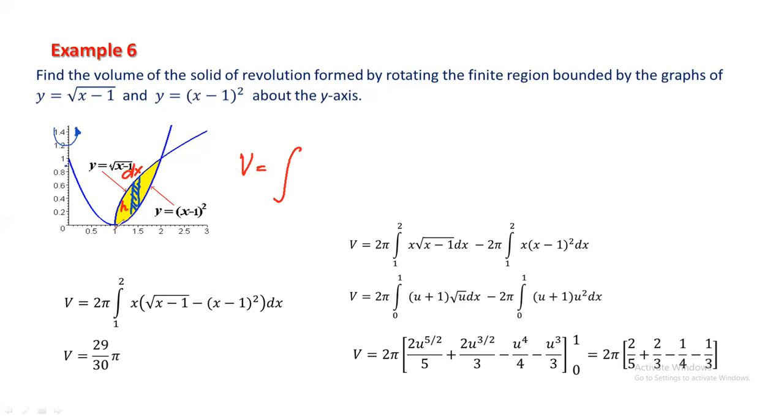Dx is from 1 to 2. Okay? And then you will have 2 pi. Your r is from here to here. So that would be x. And this height would be the difference of these two. You will have the square root of x minus 1 minus this one. Quantity x minus 1 squared.